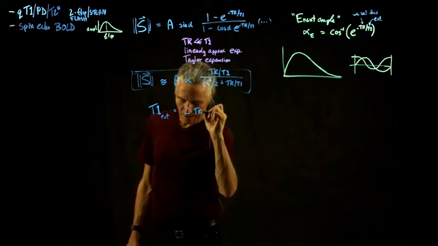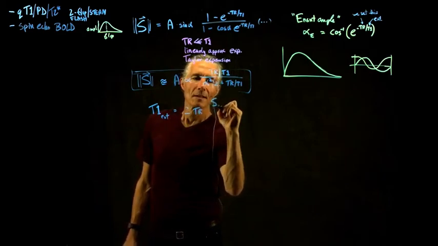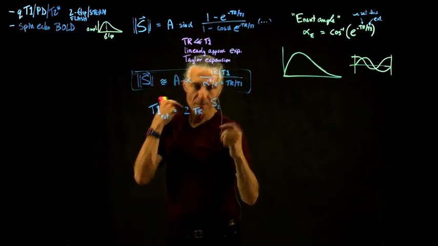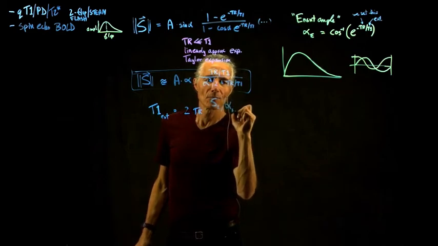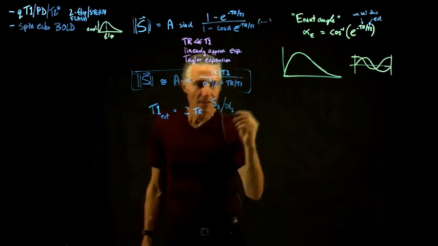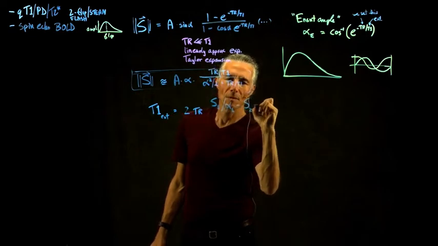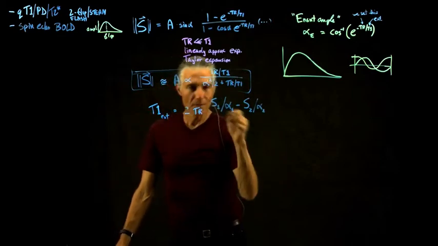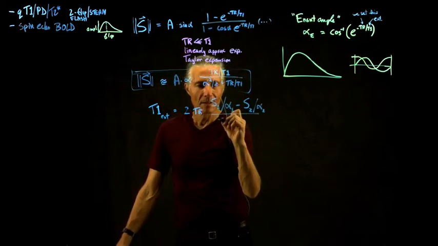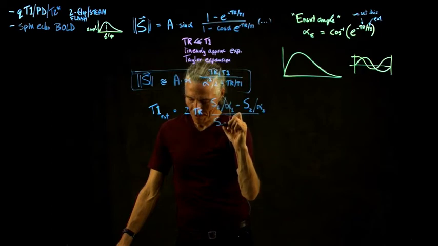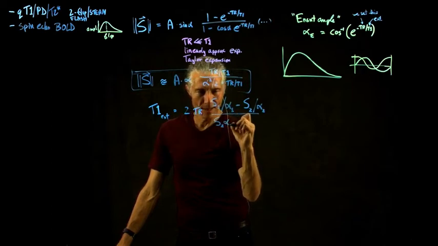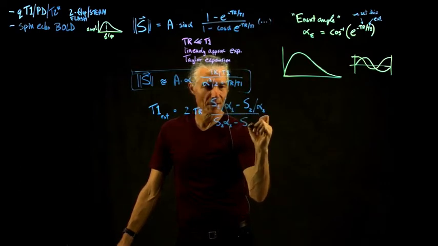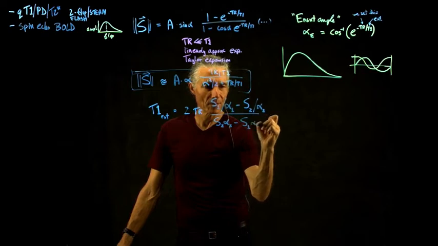So T1 estimated equals 2TR times the signal that we get from one flip angle, minus the signal we get from a different flip angle, because we have 2 scans, and then divided by the signal from the second one times the flip angle of the second one, minus the signal from the first one times the flip angle of the first one.